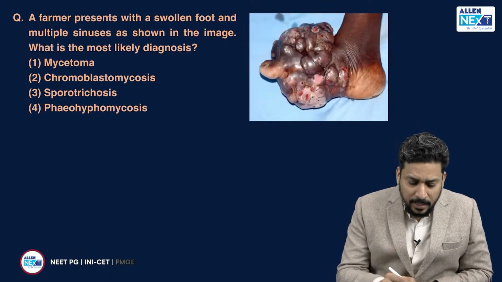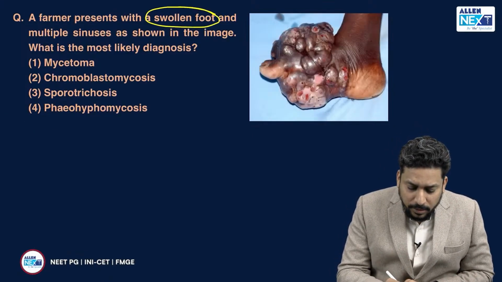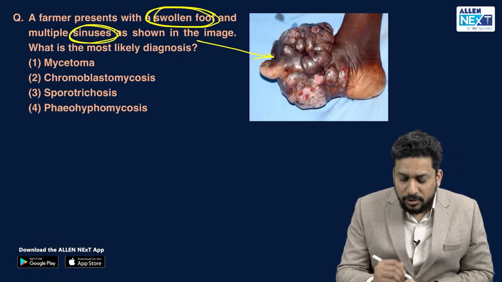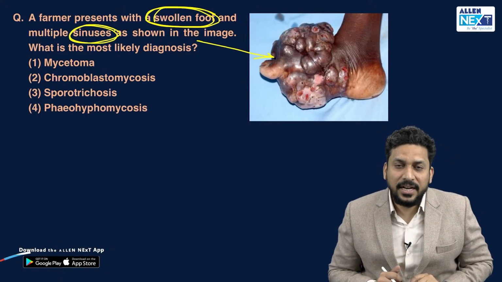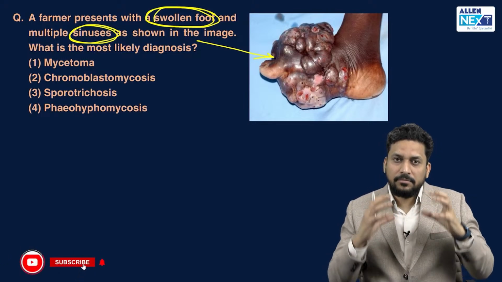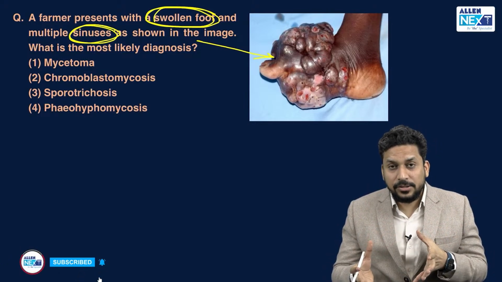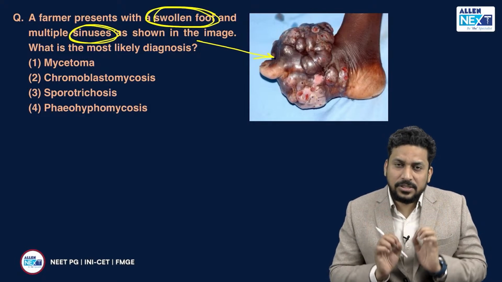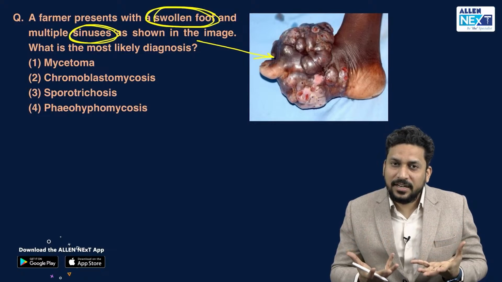A farmer presents with a swollen foot and multiple sinuses as shown in the image. If you recall, just now we discussed one more question on foot swelling. As you can see in the image, there are multiple swellings and multiple sinuses, and there is discharge coming out, and in the discharge there are granules.